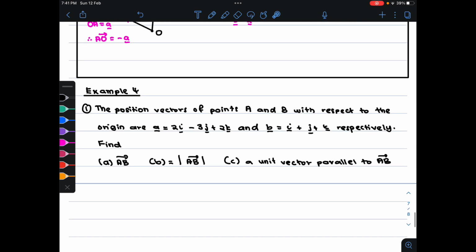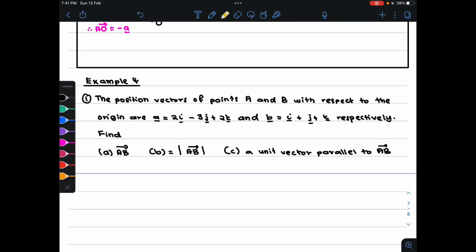Now let's look at example 4. So the position vectors of point A and B, so position vector is from origin to any coordinate. So position vectors of point A and B means we're talking about OA and OB.